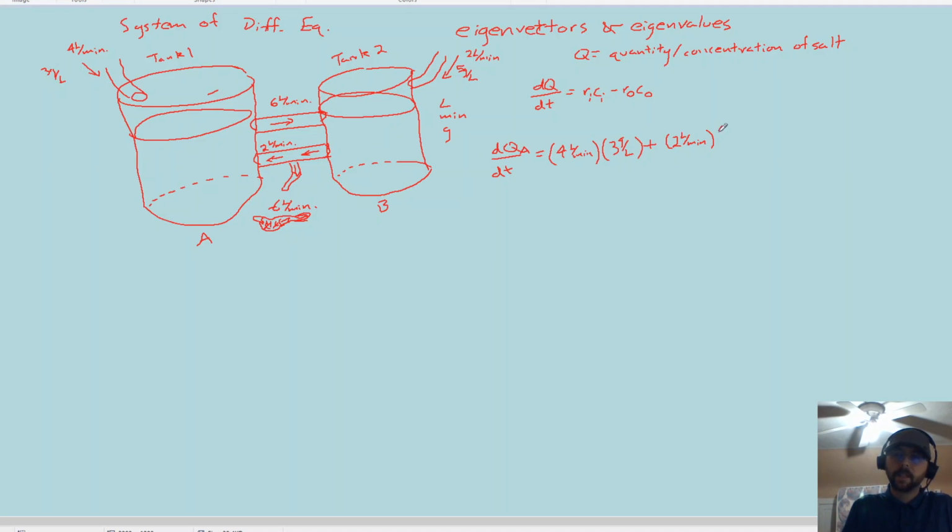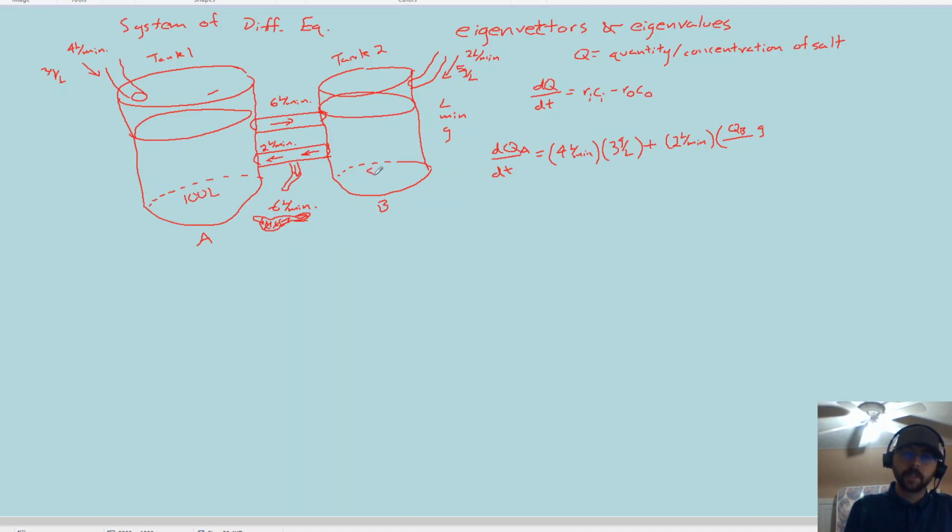Then the quantity coming in is based on the concentration in B. So it's going to be times the quantity in B, which is going to be in grams, concentration, quantity. Yeah, I think concentration is correct. The concentration in B divided by, which I forgot some of my initial conditions. So let's say that tank A holds, this one looks bigger, let's make it 100 liters.